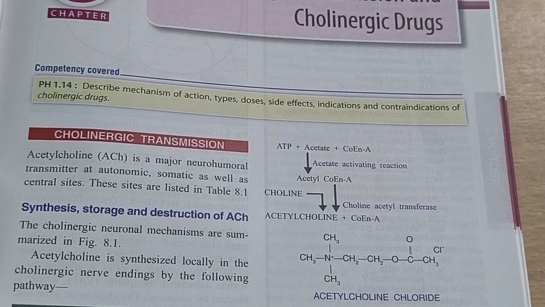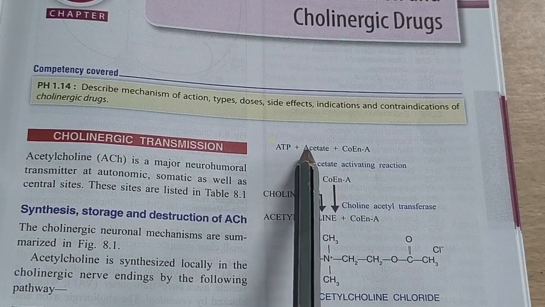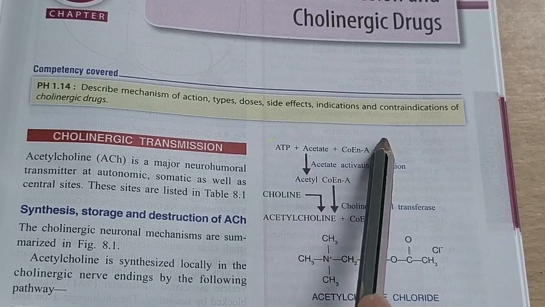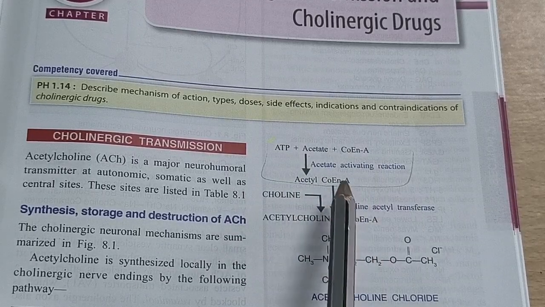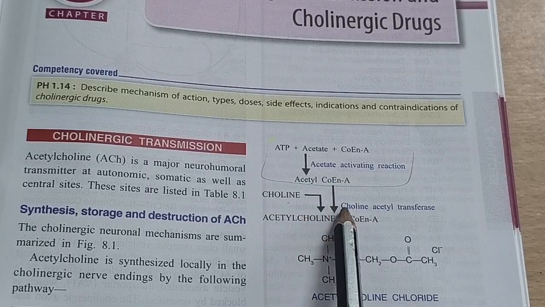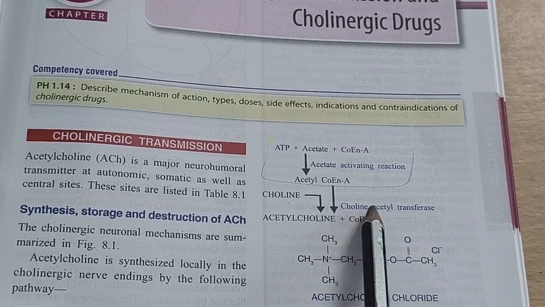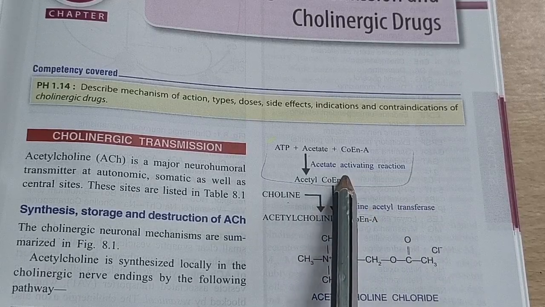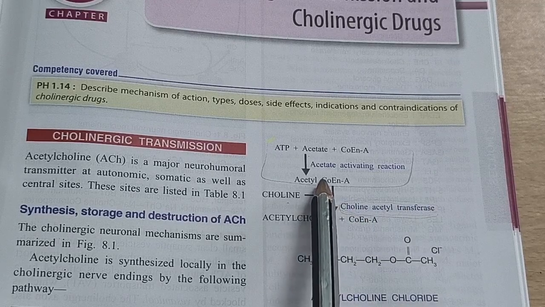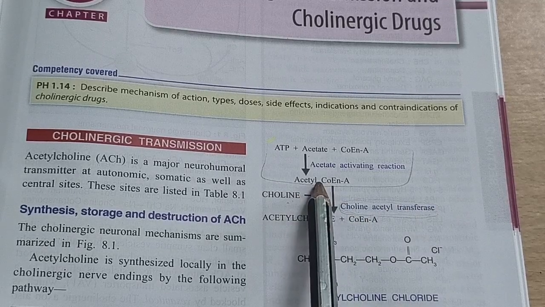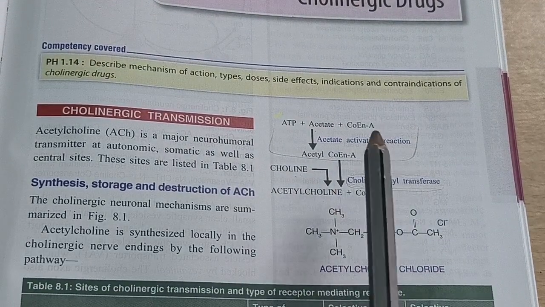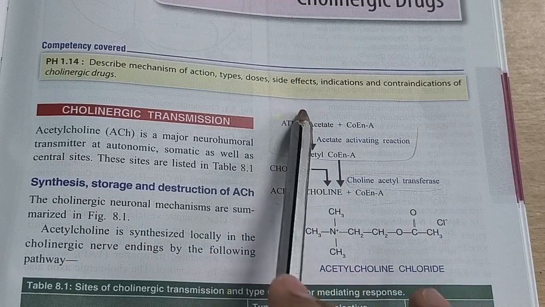First, acetate, coenzyme A and ATP act together to form acetyl coenzyme A. Now this acetyl coenzyme A acts on choline in the presence of the enzyme choline acetyltransferase, where acetyl coenzyme A and choline react together to form acetylcholine and also coenzyme A. So this is the synthesis of acetylcholine.